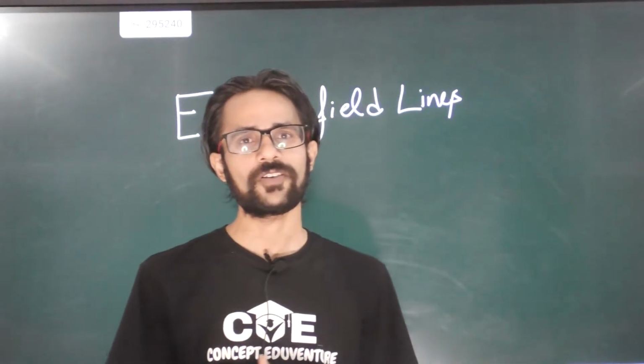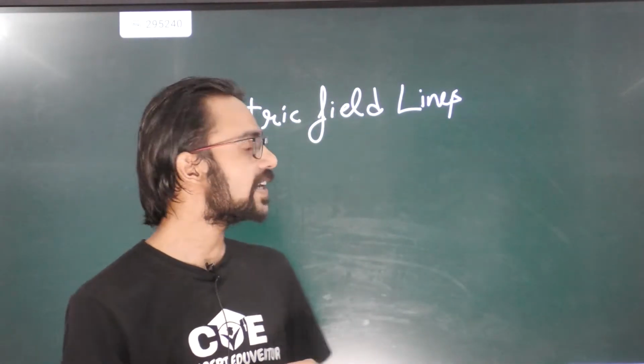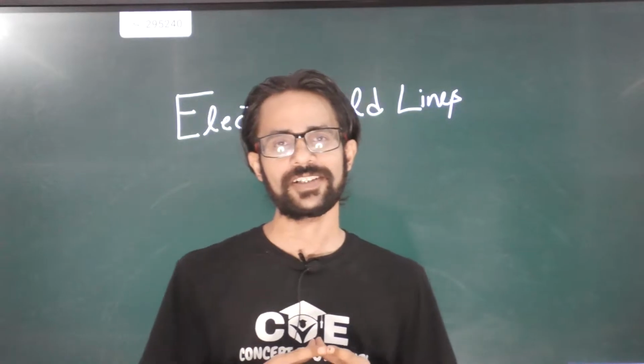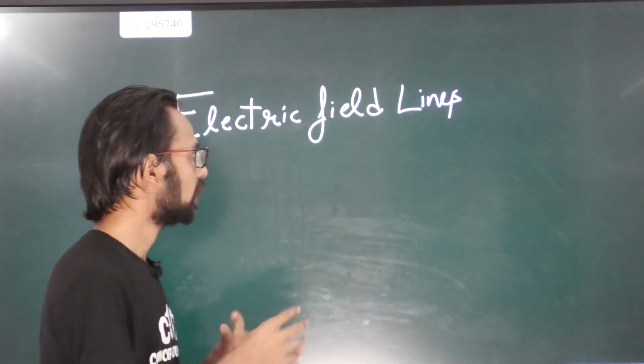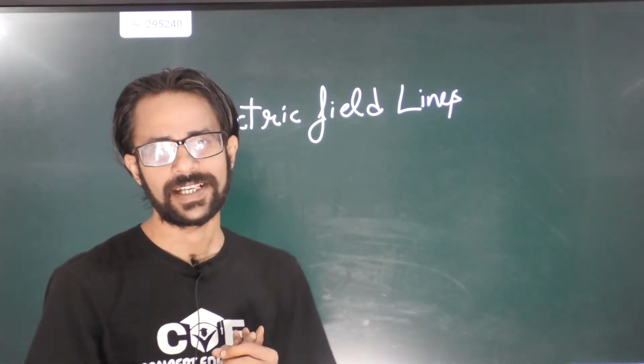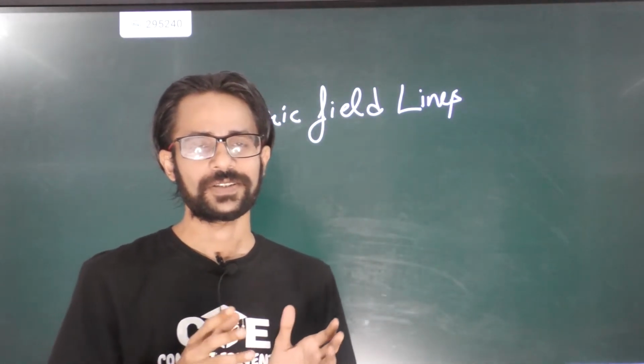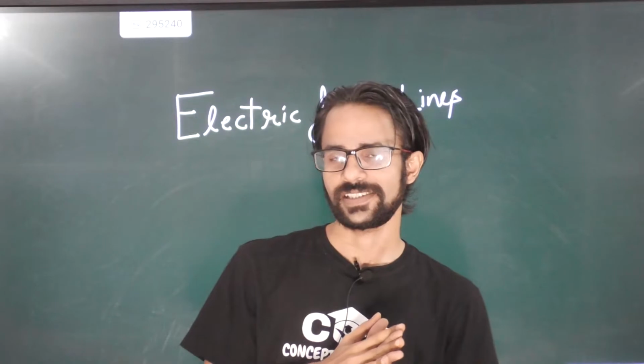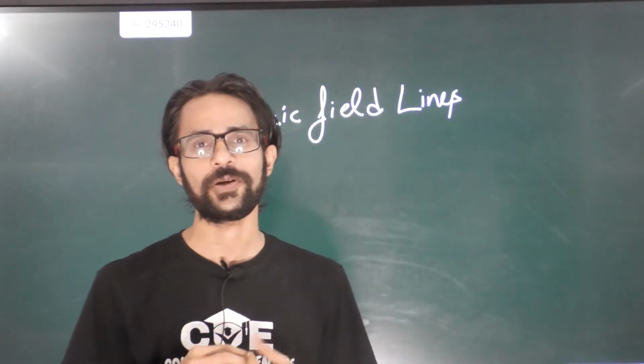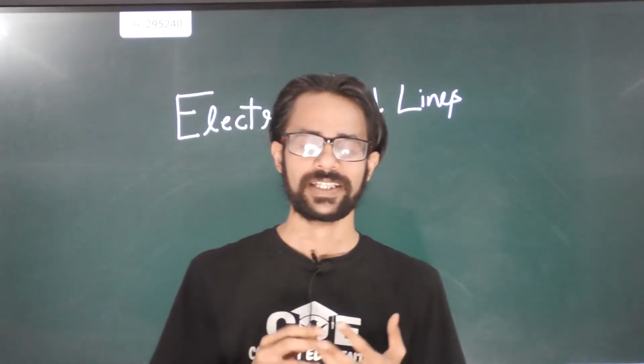So today's topic of discussion is electric field lines. First of all, I would like to define what field lines are. Actually, the major thing is field. There are so many types of fields you can experience around you, like the gravitational field.